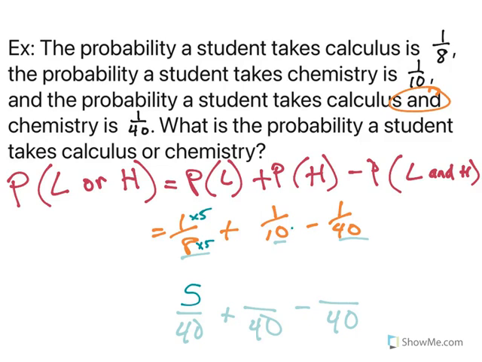For my second fraction, 10 times 4 is 40, so 1 times 4. And I already have 40, so there we go. Now we add 5 plus 4 minus 1, which gives me 8/40, which reduces to 1/5. So the probability a student takes calculus or chemistry is 1/5.